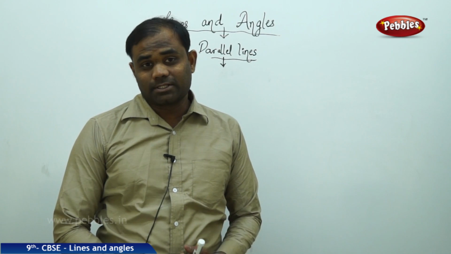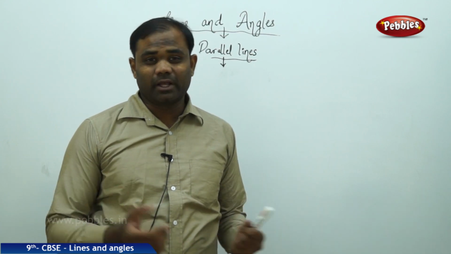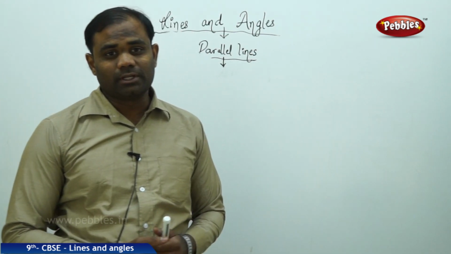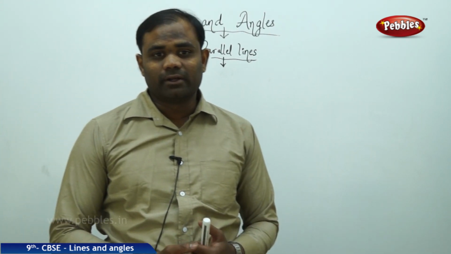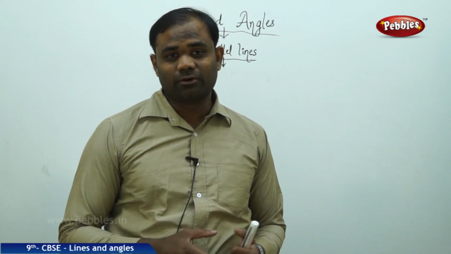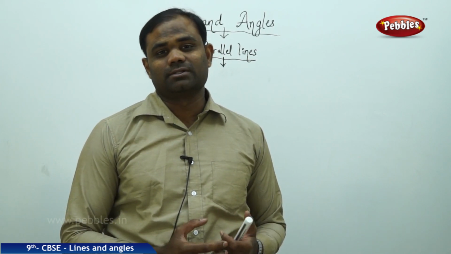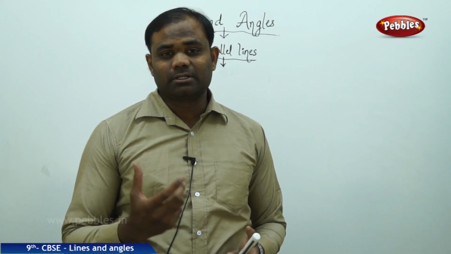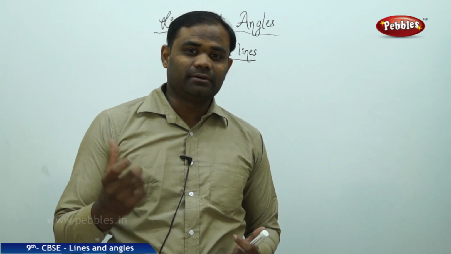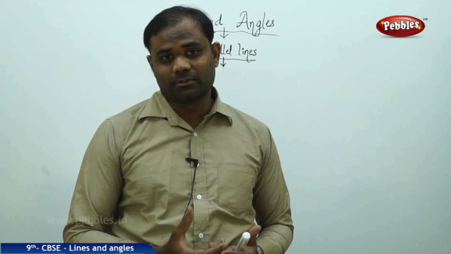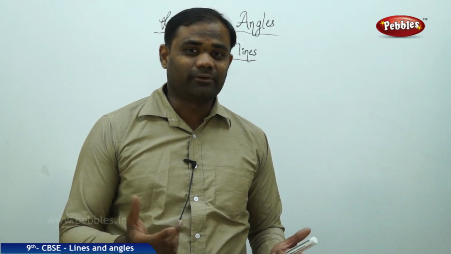Now that we have discussed interior and exterior angles, and most importantly in the previous session the interior angles on the same side of transversal or the allied angles, let's see the mathematical property which connects interior angles on the same side of transversal with supplementary angles.